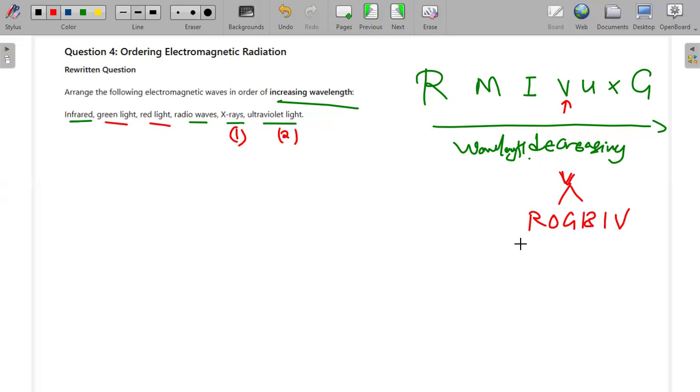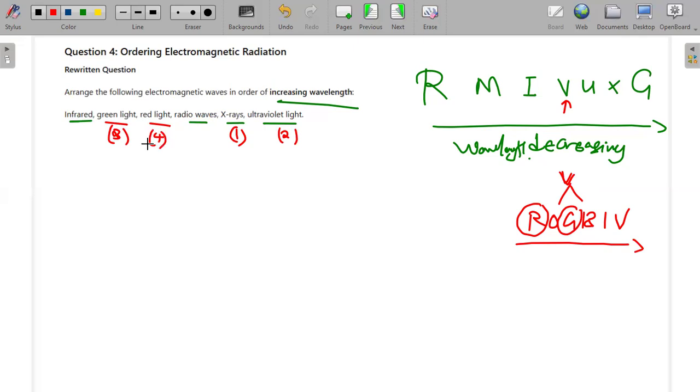Remember the wavelength is decreasing in that order, so green has a lower wavelength than red. Red has the highest, so green is going to be number 3 and red number 4.